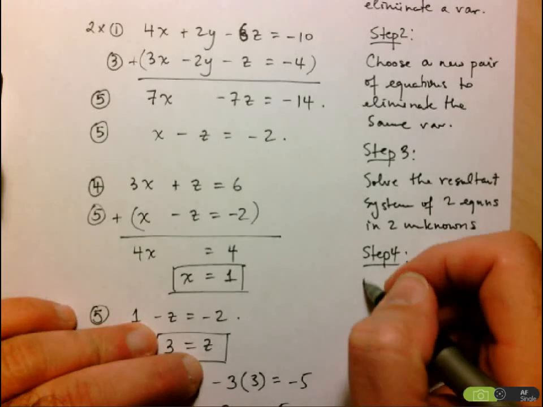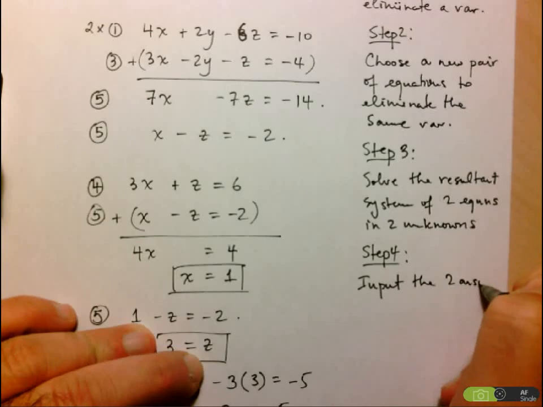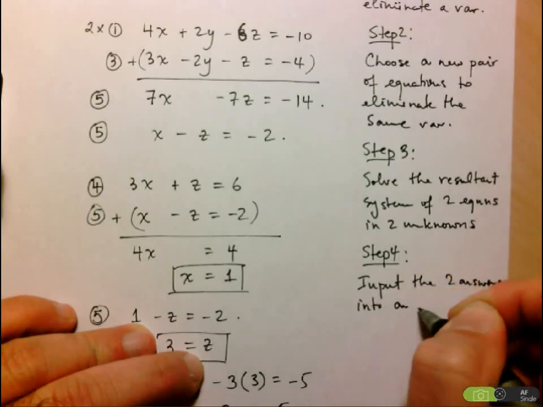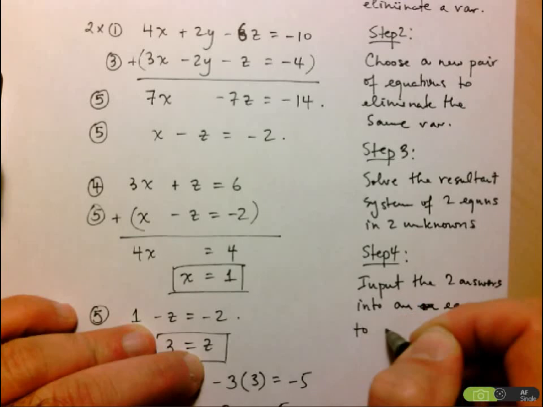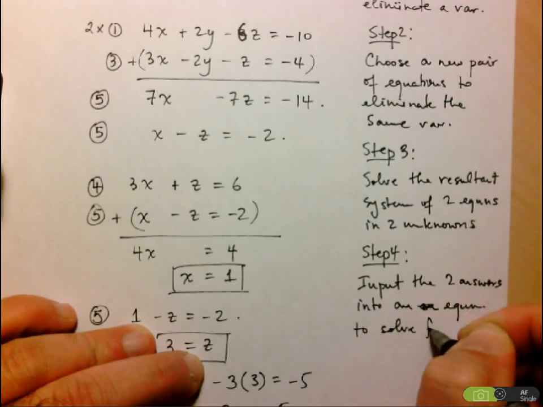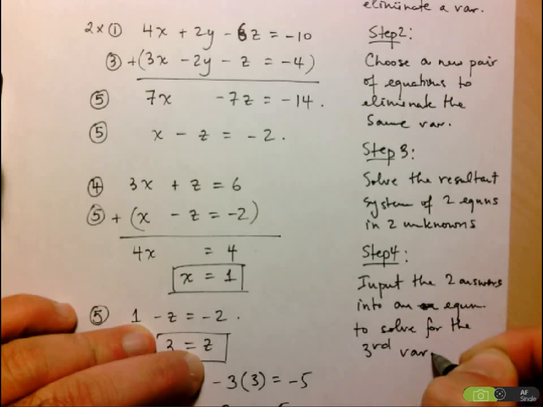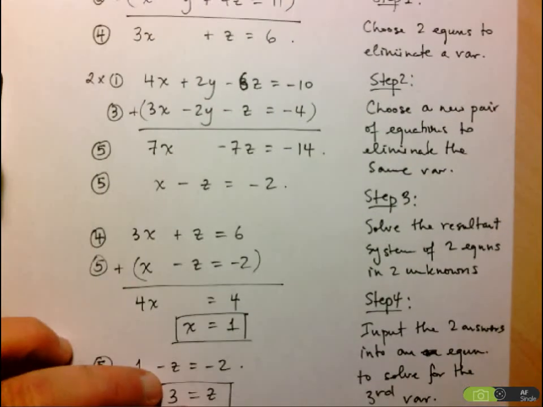So input the two answers into an equation to solve for the third variable. Okay, and this is the procedure we use to solve for 3 equations and 3 unknowns.